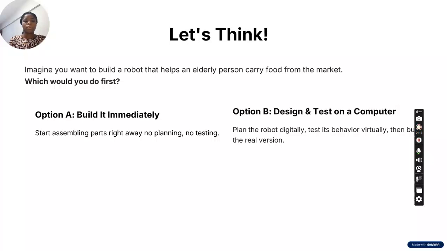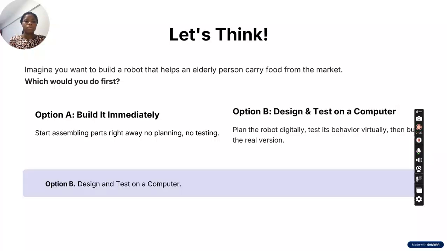Learners, which of these options are you going to choose? Think about it. Alright, let's look at the correct response. The correct response is option B, which is design and test on the computer.